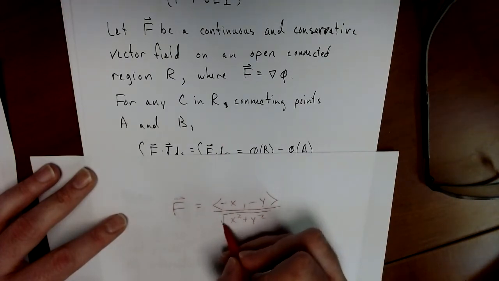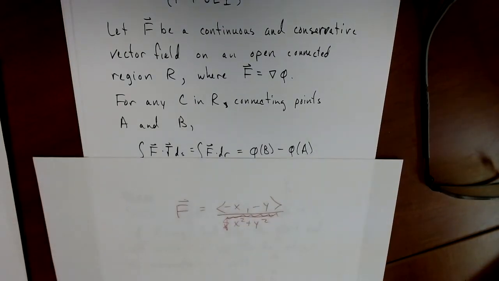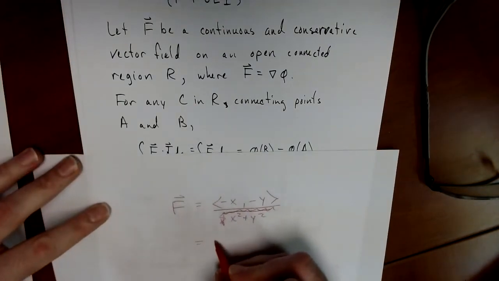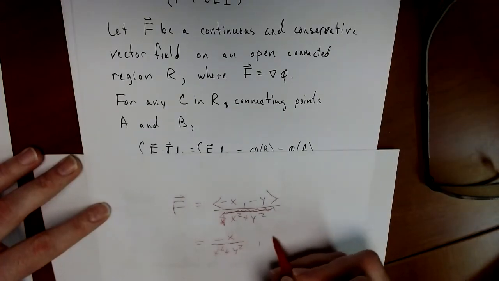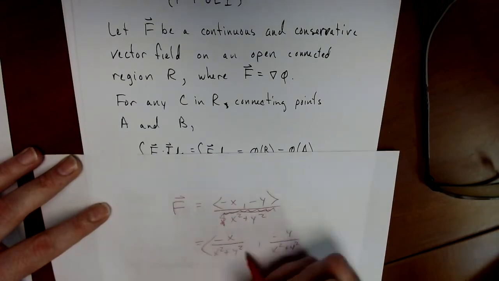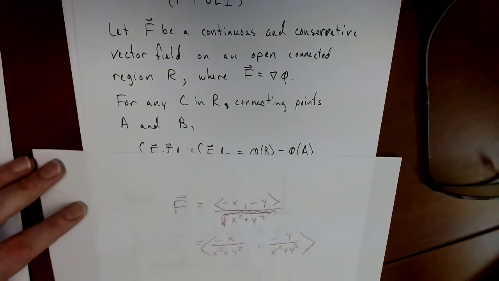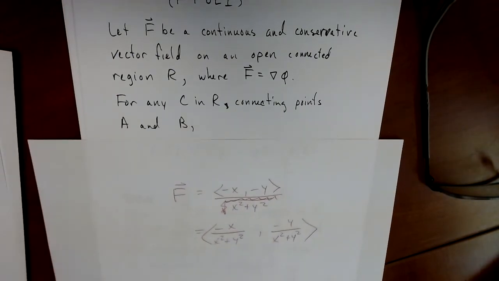I think usually we square that. So negative x over x squared plus y squared, negative y over x squared plus y squared. That is really fuzzy, sorry about that. Maybe if I switch my pen.